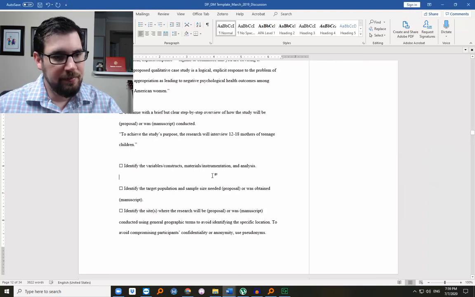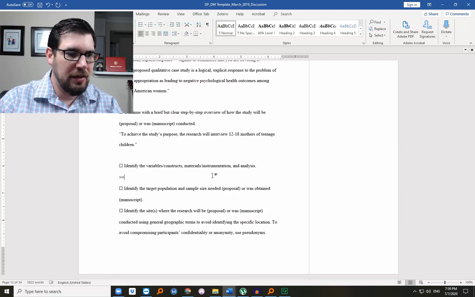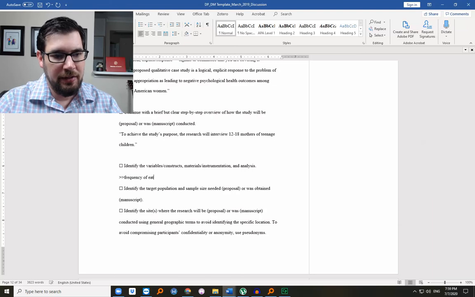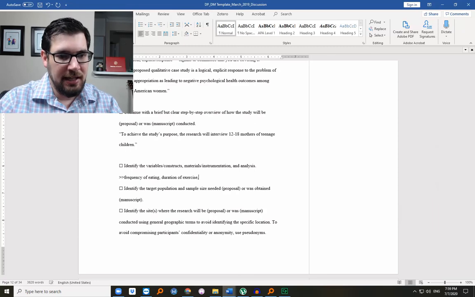So here we might have our variables like frequency of eating, duration of exercise. Those would be quantitative options. Those are variables.